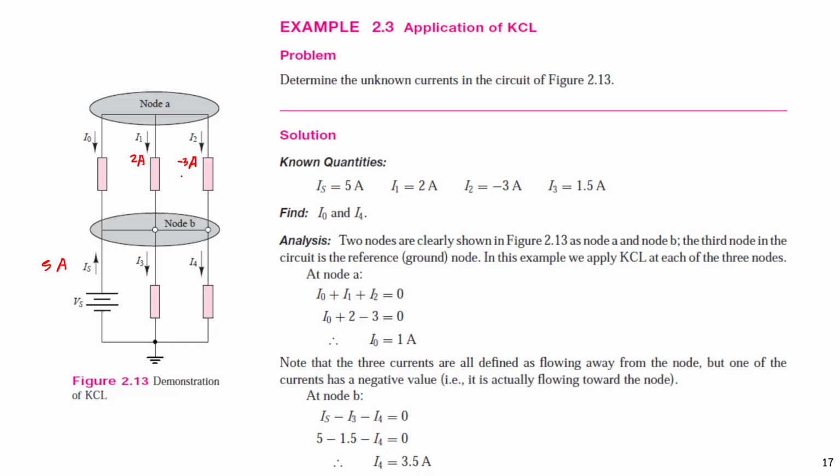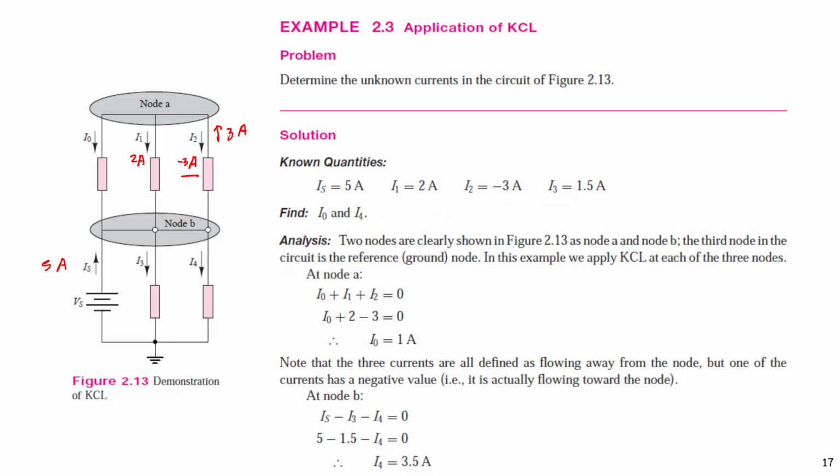What is meant by this value? It means that in fact the current flows into node A 3 amp, so we can represent I2 with this direction by a negative sign.